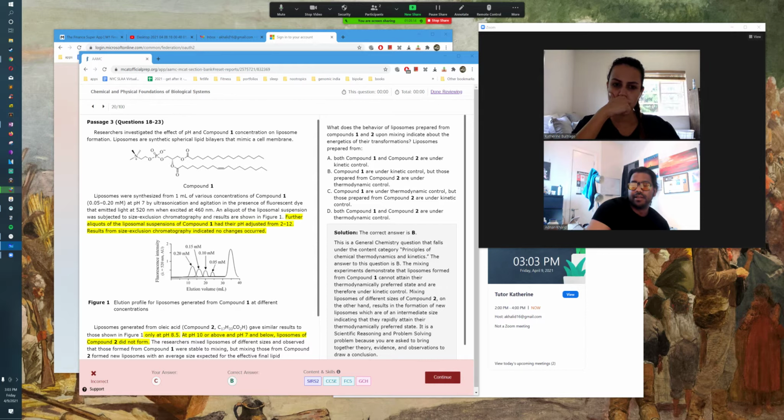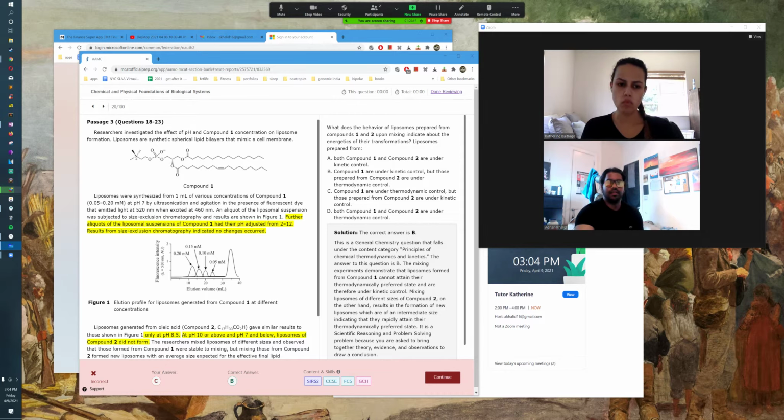So this takes time to make the most stable product, and this doesn't change its stability, so it's just fast. So kinetic control deals with speed, and thermodynamic control deals with stability.